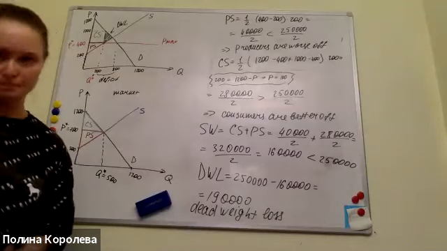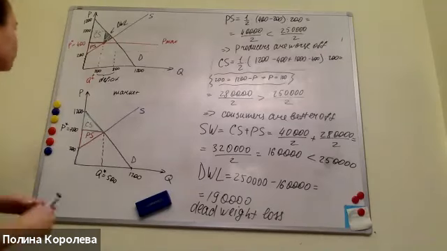Please, questions? Can I ask a question about when we were counting consumer surplus? I didn't get where you took 1,000 from. Because I know the formula is 1/2 multiplied by (A plus B) and multiplied by the height, right?